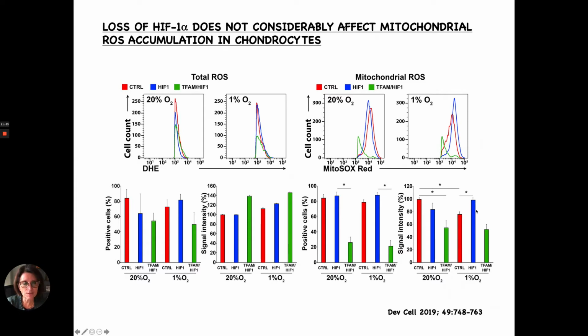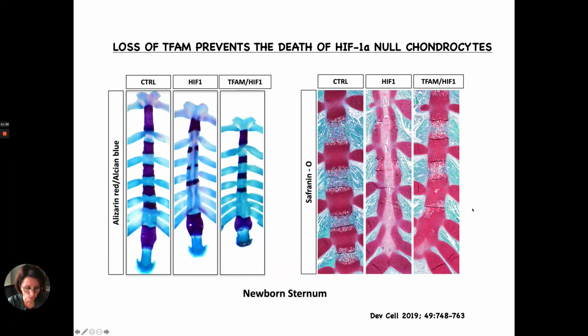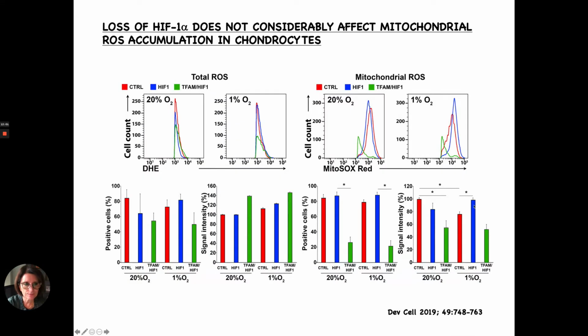The interesting thing is that IF1 null cells in hypoxia have levels of mitochondrial ROS that are similar to control in normoxia. So since this and this are very similar, probably an increase in mitochondrial ROS is not the reason why IF1 null cells die.